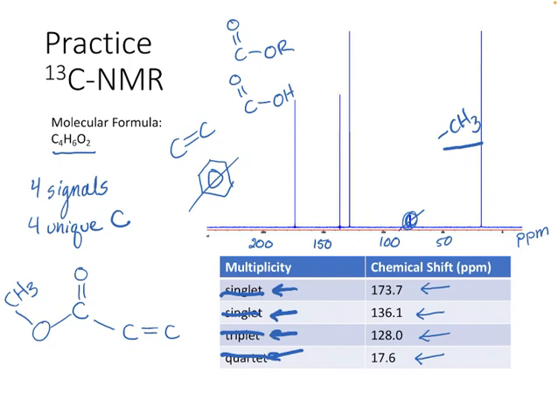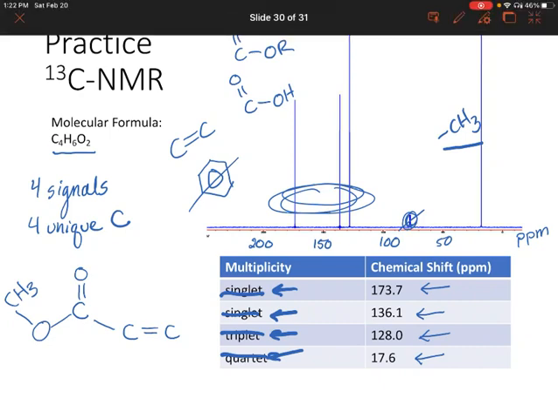But if a carbon is next to an oxygen, it should be downfield, right? It should be kind of in this region up here because it's attached to a really electronegative atom. So it doesn't really make sense to have a methyl group bonded to that oxygen because we don't have a peak that tells us it's bonded to oxygen. So I'm going to assume here that we can rule out our ester.